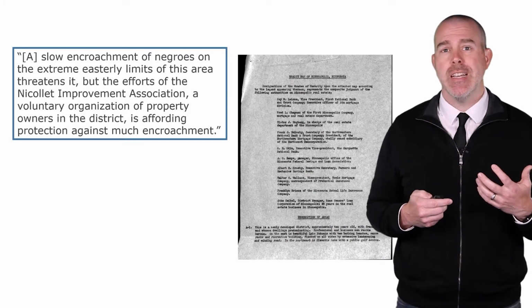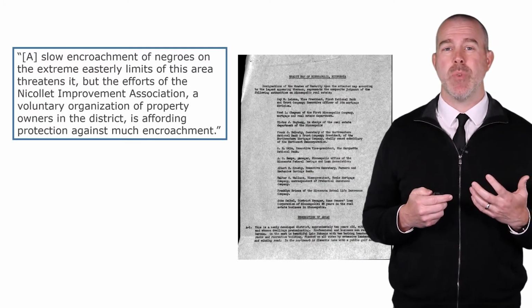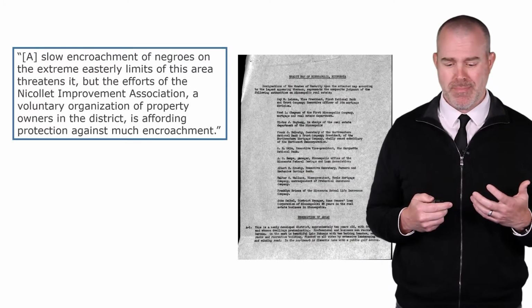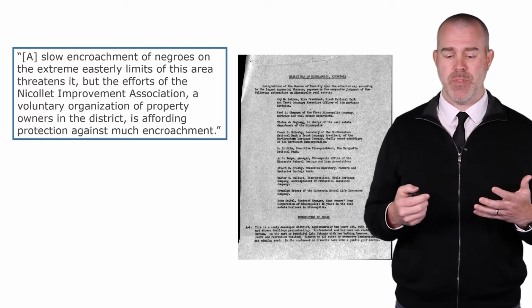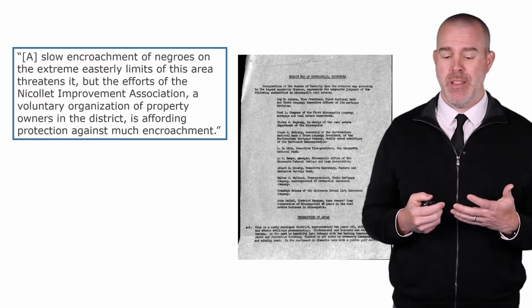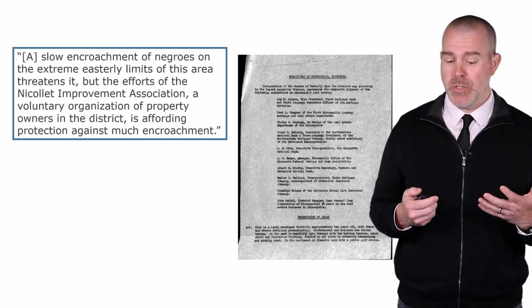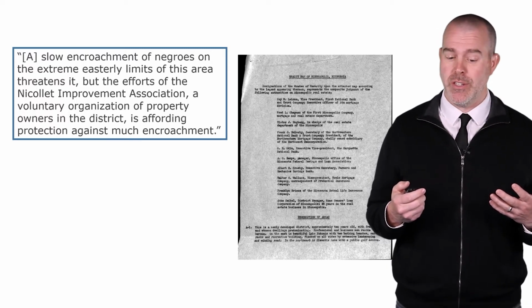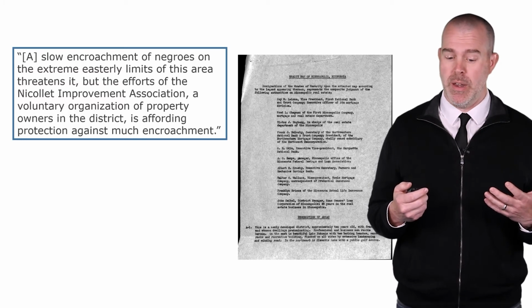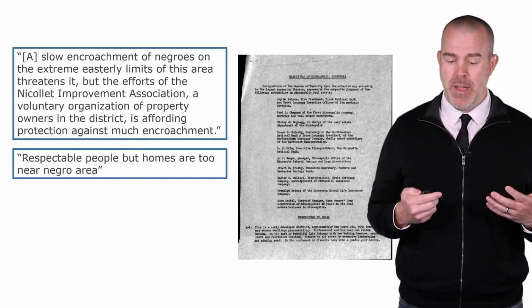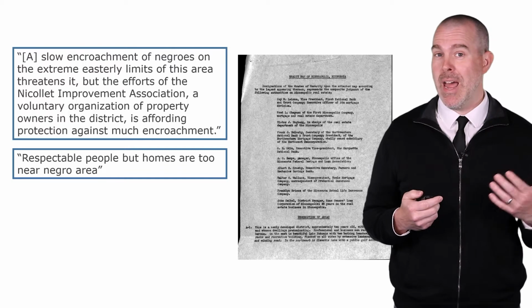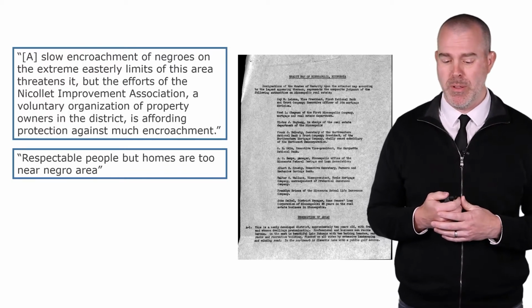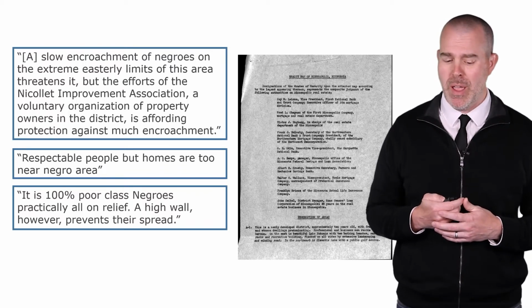In fact, there's descriptions in some of these redlining documents that are public. Here's one talking about a specific neighborhood. There's a slow encroachment of Negroes, but there's a Nicollet Improvement Association that's limiting their spread. Here's a neighborhood, probably not an A neighborhood, respectable people, but homes are too near a Negro area.